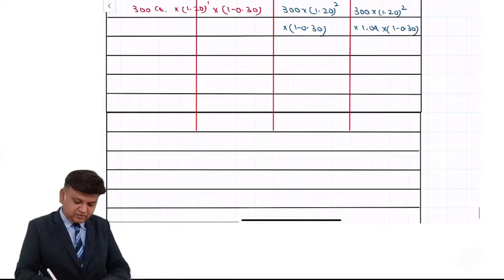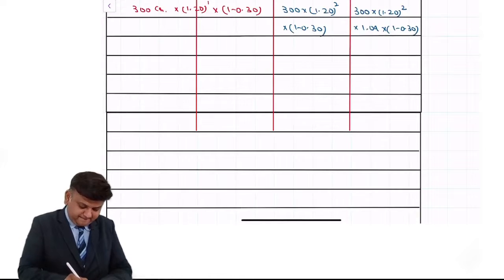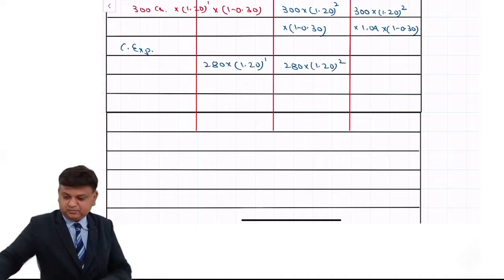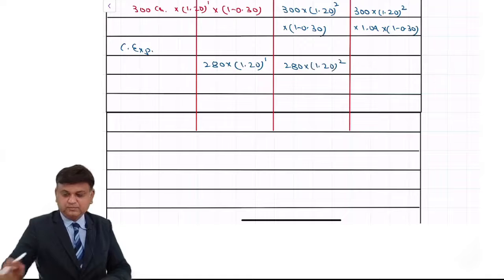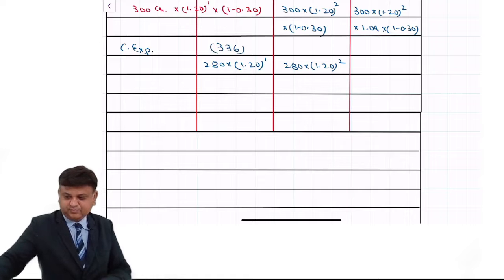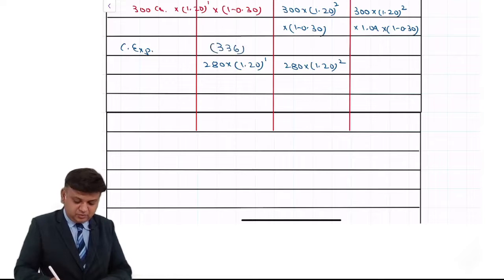We can mention over here capital expenditure: 280 into 1.20 raised to 1, 280 into 1.20 raised to 2. That comes to 336 and 403.2.